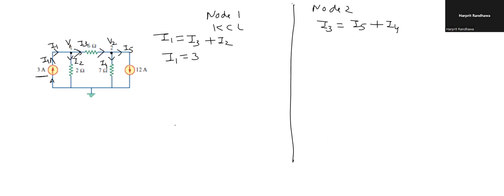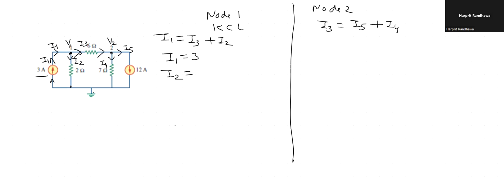So we have to find the current flowing through the 2 ohm resistor, that is the I2 current. As per Ohm's law, I2 will be the voltage drop across the 2 ohm resistor divided by resistance. What is the voltage drop? This is ground here, so this is 0 volt.